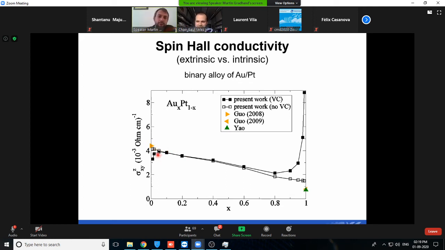What you see here for platinum, the effect of extrinsic only kicks in very, very late. You need to get to really pure platinum to see the extrinsic effects. That's why for platinum we experimentalists tend to get very similar values. You have to make a lot of effort to see the different contributions. Whereas on the gold side, people have presented in experiments much more dramatic changes.